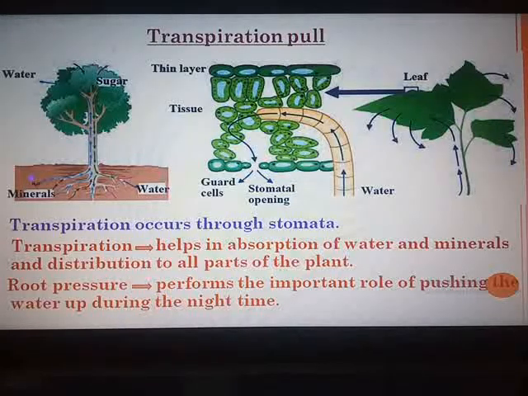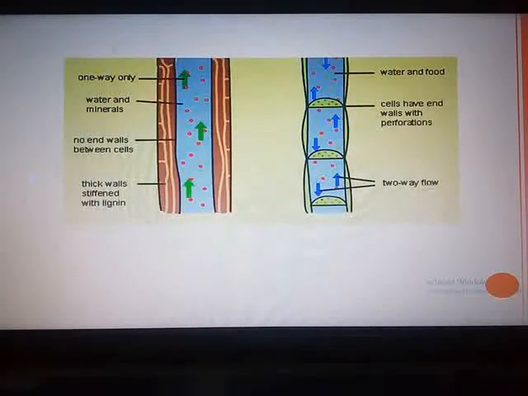Now we will see the transportation of food and other substances in plants. We have seen the transportation of water, but the food which is prepared by the leaves by the process of photosynthesis, how that food is transported, that we are going to see as the next topic.